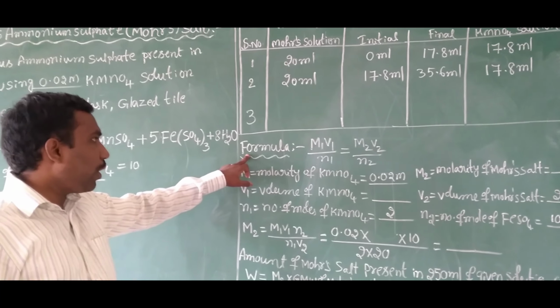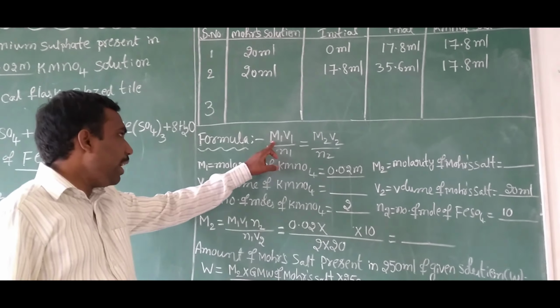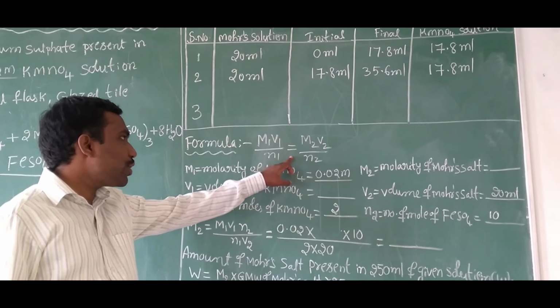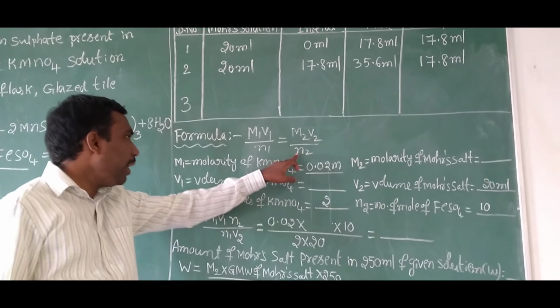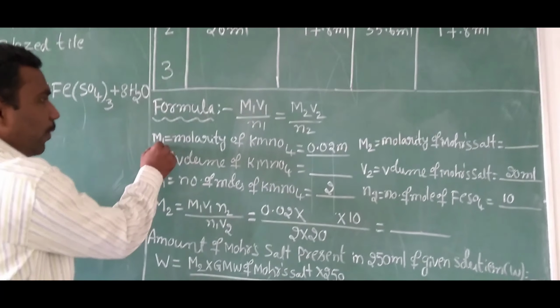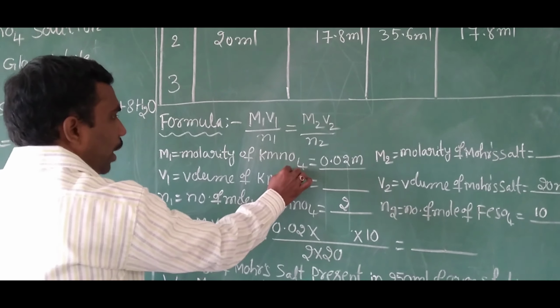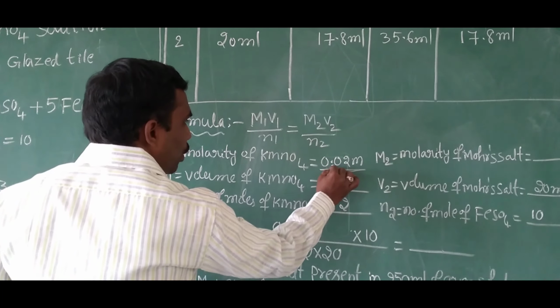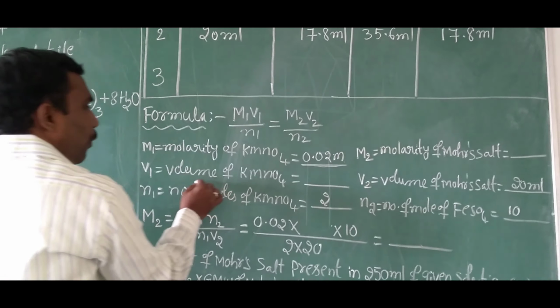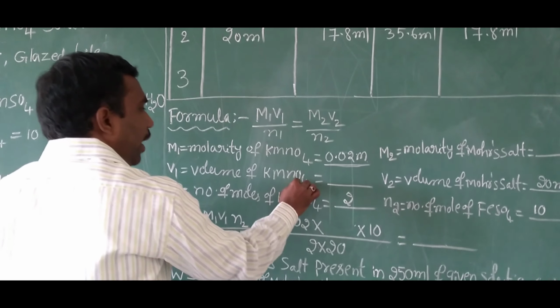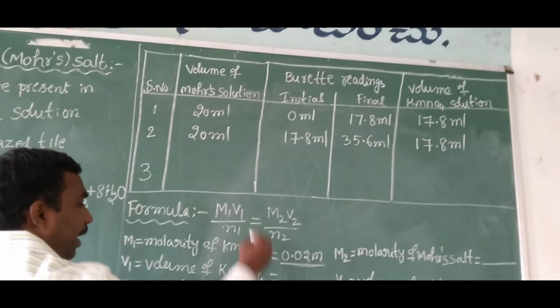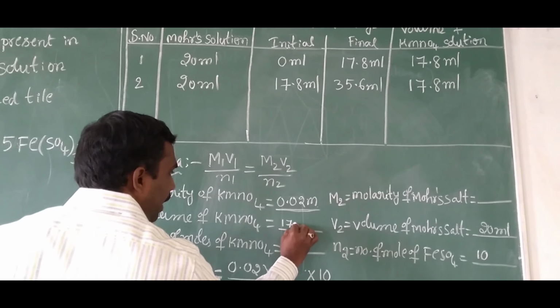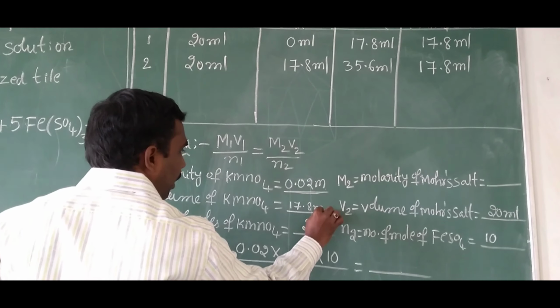The formula for volumetric titration is M1V1 by N1 equal to M2V2 by N2, where M1 means molarity of potassium permanganate. It is already given in the problem, that is 0.02 M. V1 is the volume of potassium permanganate. After the titration, we get the value as 17.8 ml.